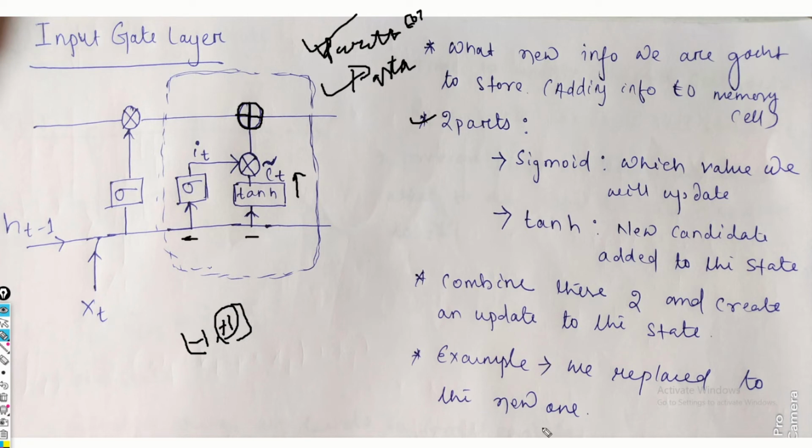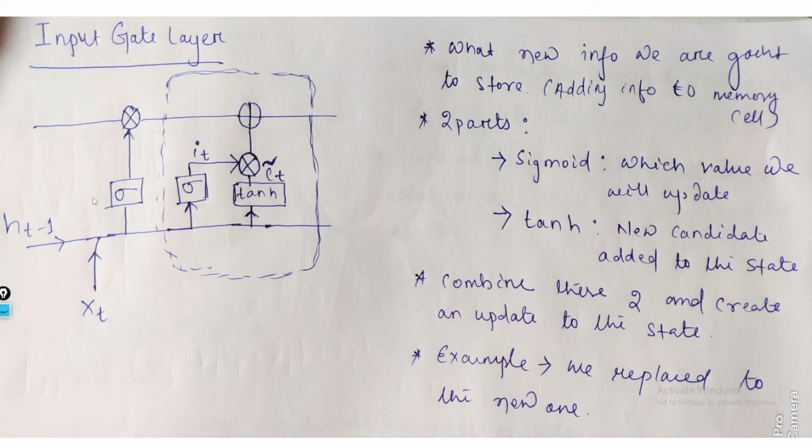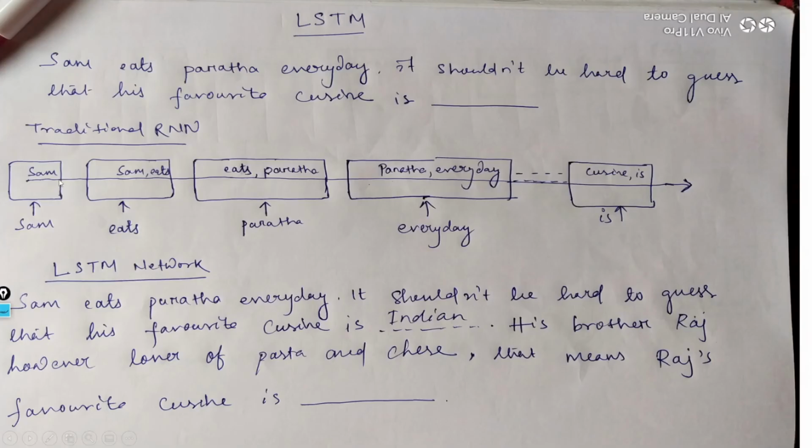For example, we replace it with the new one. Let me go through this example once more so that it will be clear. What was the example I told you? Sam eats paratha. First, paratha will be stored in the long-term memory so that it will predict Indian.